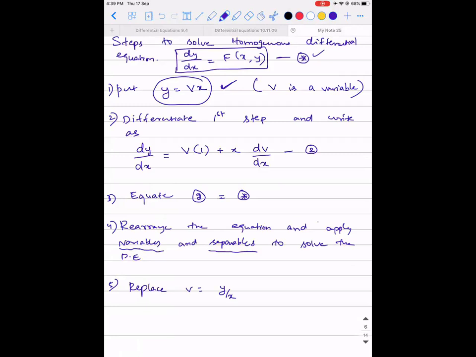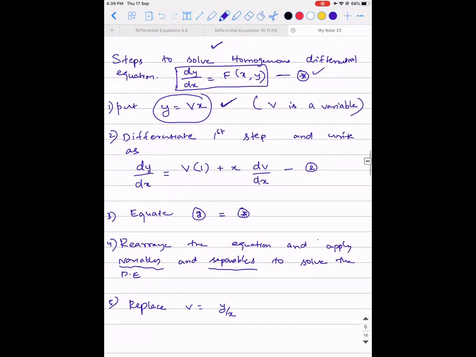So for every problem based on homogeneous differential equations, these are the common steps. Nothing outside this, to whatever level you do. From basic to the highest level, these are the steps. Nothing else. So if you have made a note of it, please let me know. I'll solve an example and show. Sir, what's written on the third step? Equate 2 is equal to? 2 to this one star.